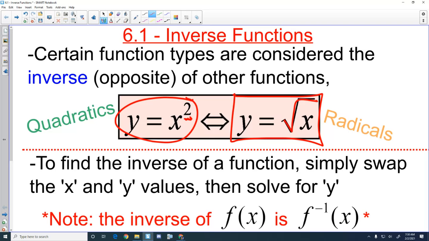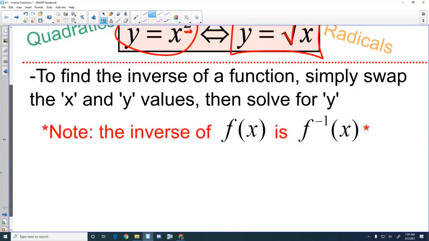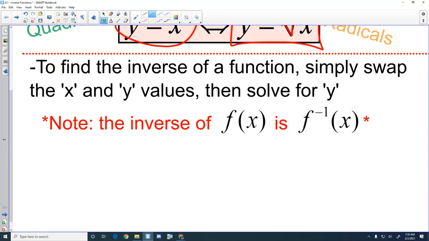Now we're going to be dealing with more advanced examples than just a basic x squared, but that's the general idea. And we're going to calculate this. I'm going to give you one function, one equation, and ask you, hey, find the inverse of this function. The main idea behind this is basically swapping the x and y values.